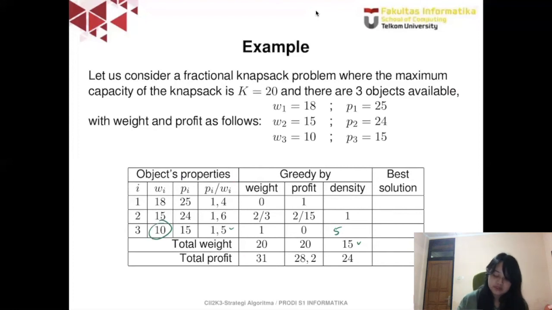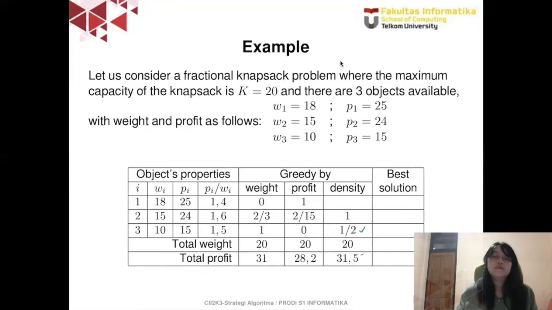So we can take 5 out of 10 to gain 5 per 10 times 15 profit. So here we take only half of the third object to gain 7.5 profit. And because we have already reached the maximum capacity, we cannot choose another object, so we have our solution. And actually, this is indeed the best solution we can have for this problem.